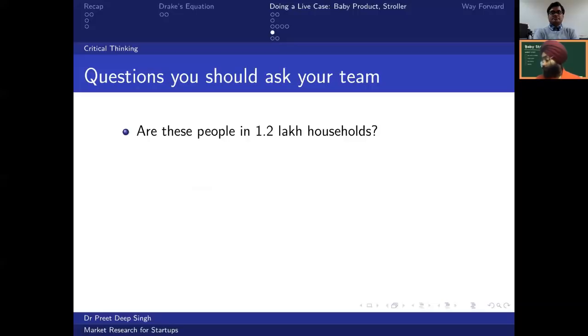Now, other questions that you can ask your team, critical thinking in our case that apply. Do people who earn 60 lakh rupees a year have babies, right? If somebody is earning a salary of 60 lakh per annum, do you think this person is at a life stage where they have babies?